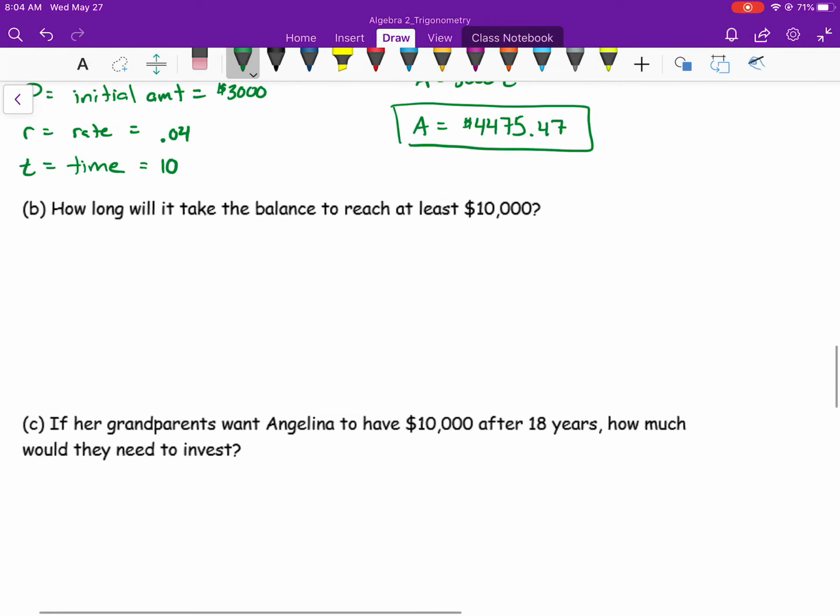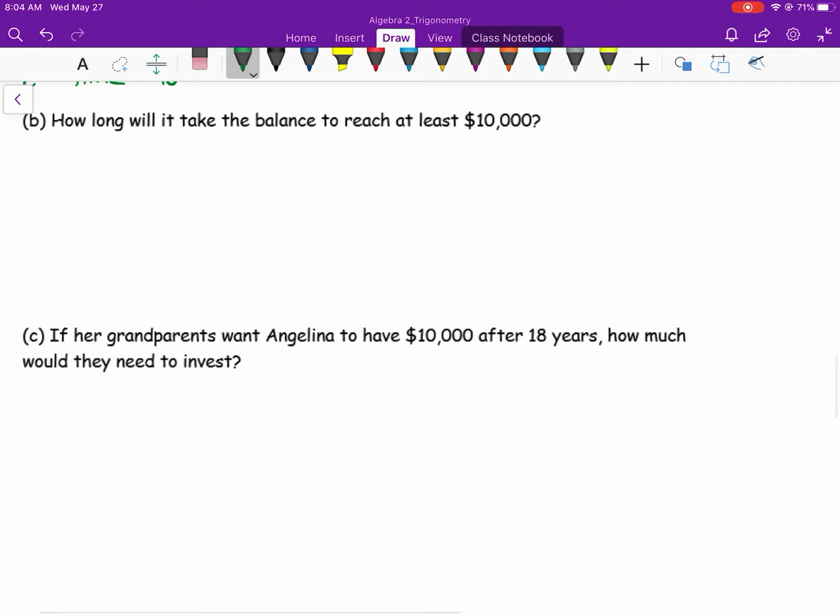Alright, so the flip of this, like some of our problems before, is: what do we need to do to get $10,000 in this account? So A equals 10,000. We don't know the principal. The rate is still 4%. And then we don't know time. I lied.